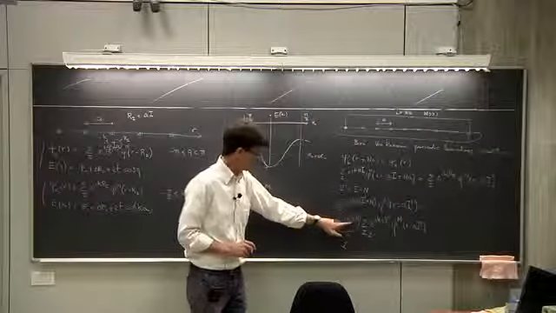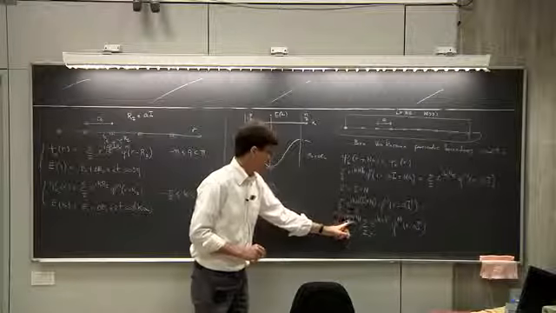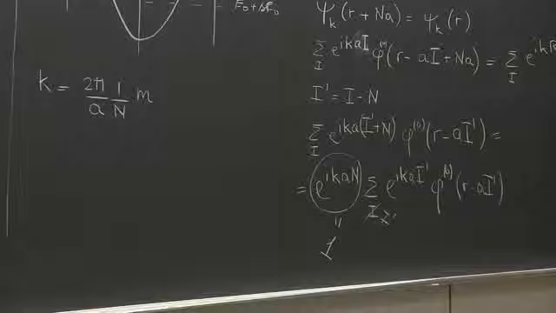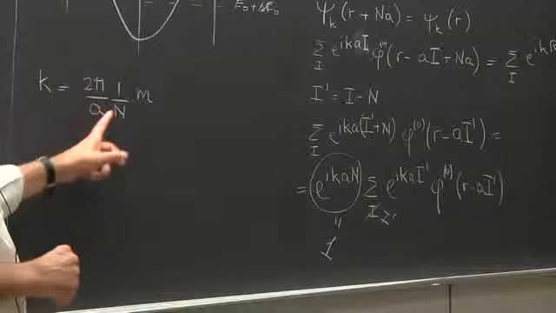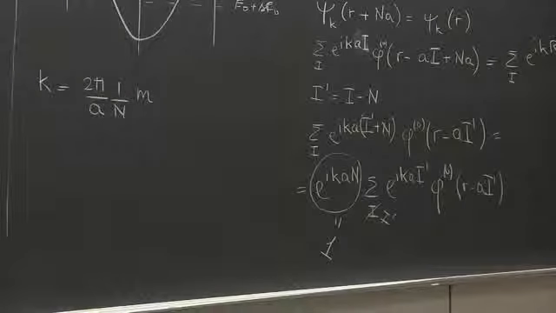Only in this particular case will this be 1. If k times a times N is 2 pi times an integer, which is what I'm writing here, then e^{ikNa} = 1. So kaN is 2 pi times an integer, m.